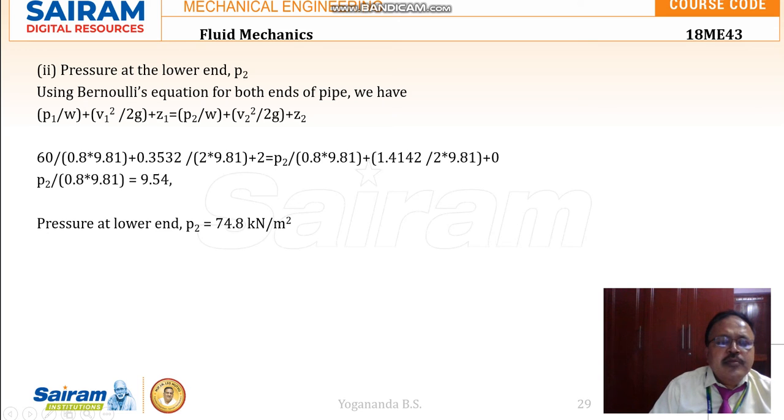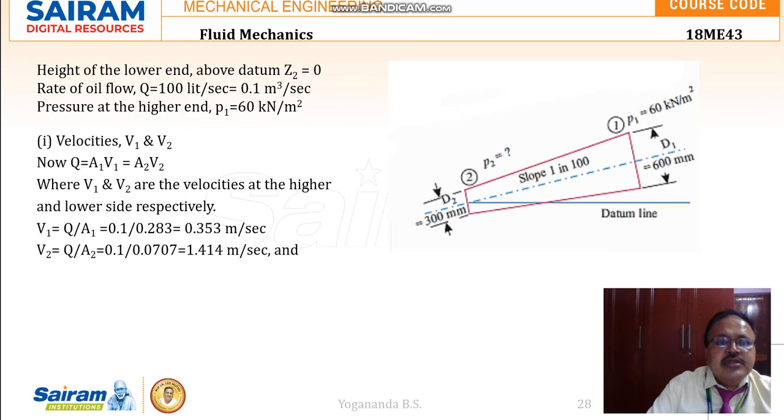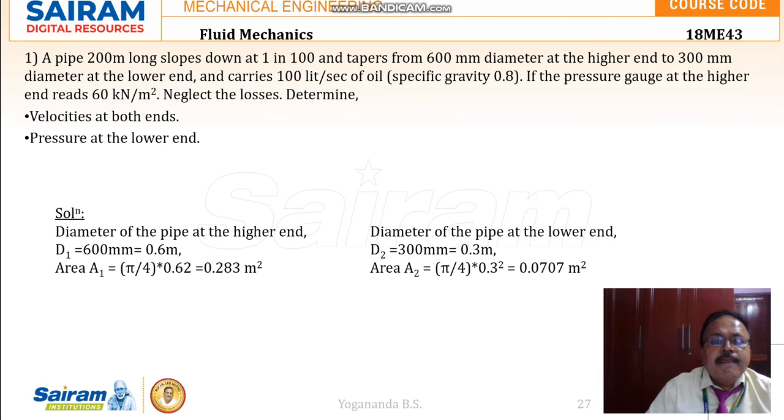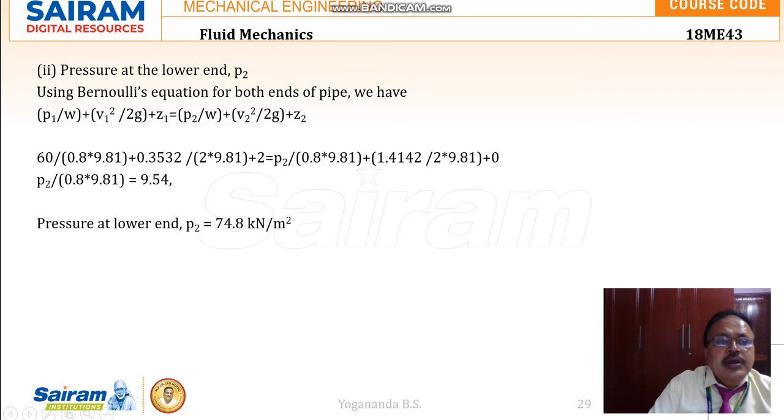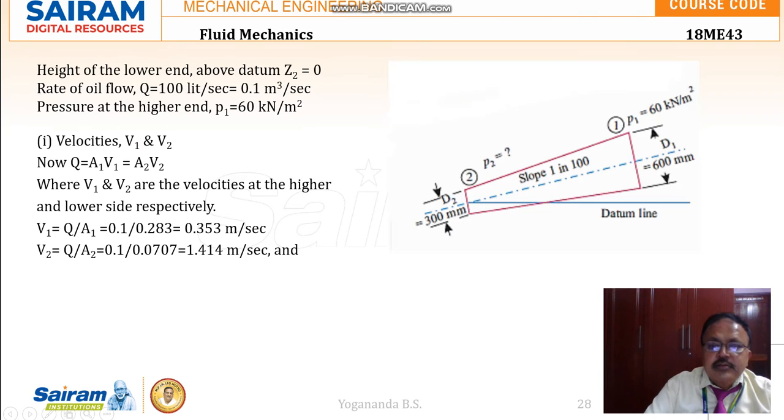W is nothing but rho into G, so P1 by rho into G. The specific gravity is 0.8, so it is 0.8 into 9.81, rho into G. Then P1 by rho into G plus V1 square by 2 into G, with V1 calculated and 9.81 substituted, plus Z1.